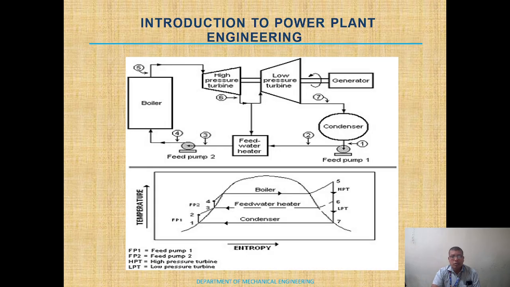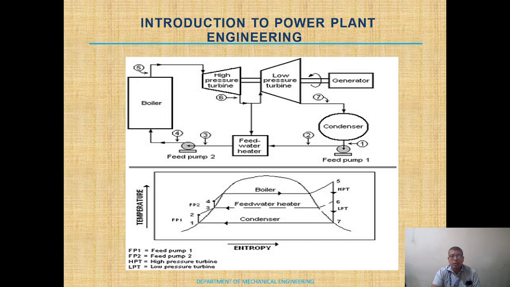These are the circuits used in a thermal power plant, mostly the Rankine cycle. From the boiler, the steam goes to the turbine, high pressure turbine, then low pressure turbine, then the generator generates the power.